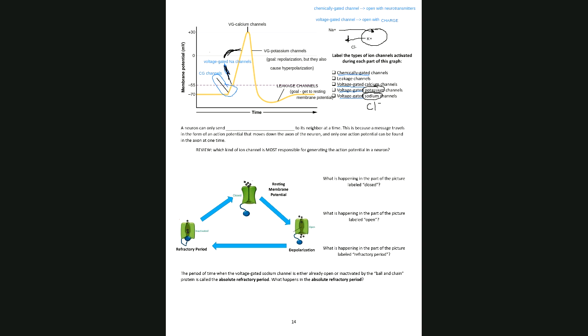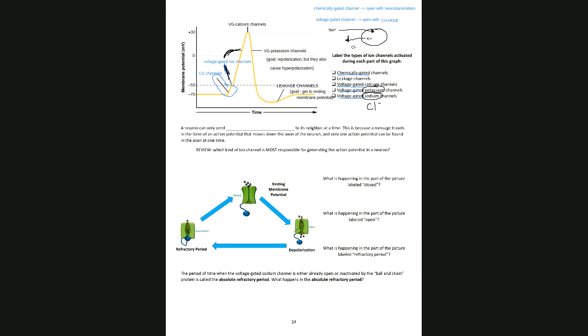What did we say was the job of the calcium that we brought into the neuron? What did that help us to do? The calcium is going to help to release the neurotransmitter. Exactly. Release neurotransmitters.